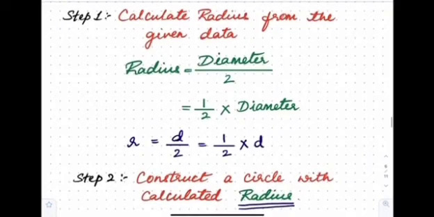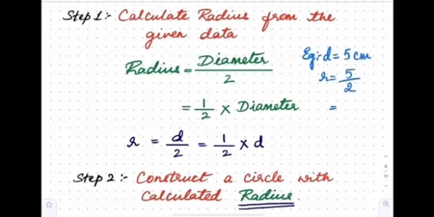Now if you are given a problem, calculate radius from the given data. For example, if D is equal to 5 centimeters and R is to be found out, then radius would be 5 divided by 2, that is 2.5 centimeters.